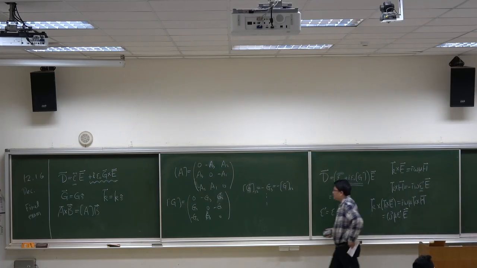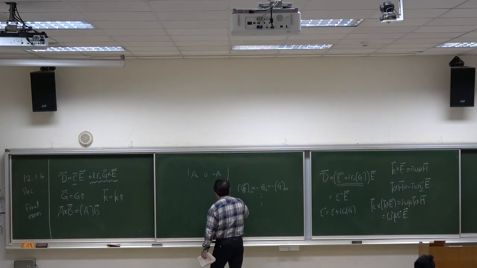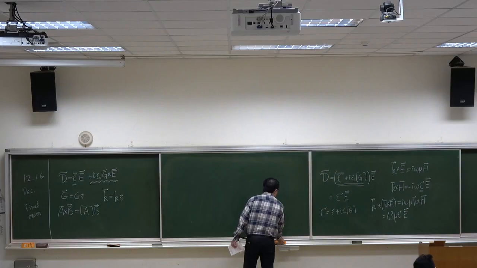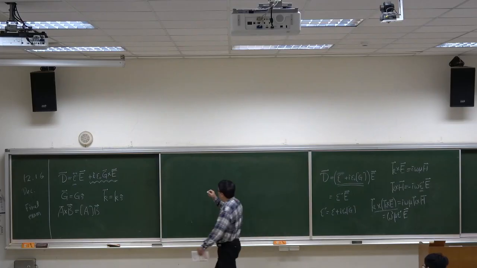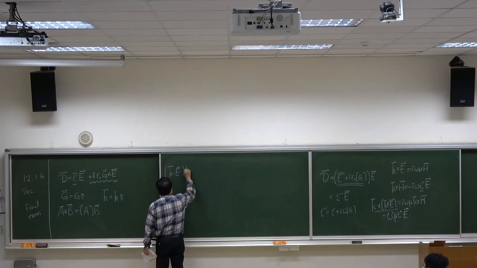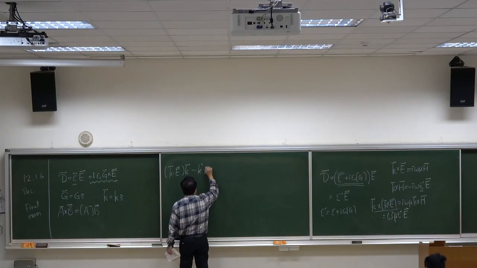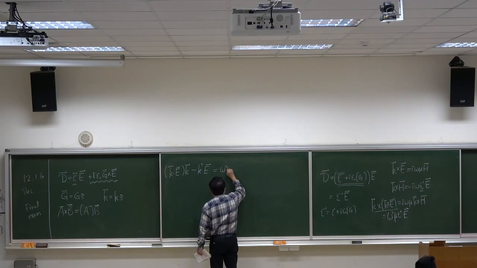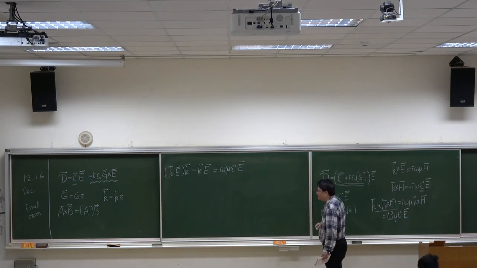Then according to vector analysis, this is equal to K dot E times K minus K squared E equal to omega squared mu epsilon prime times E. Okay?